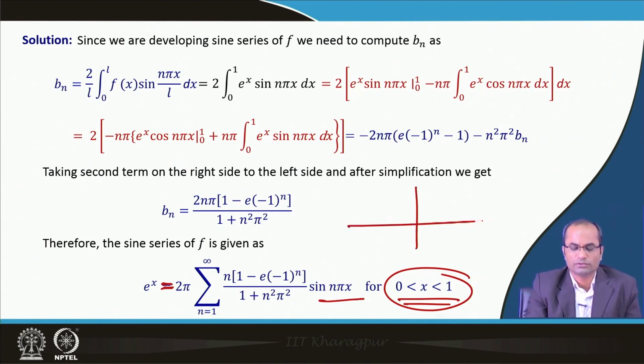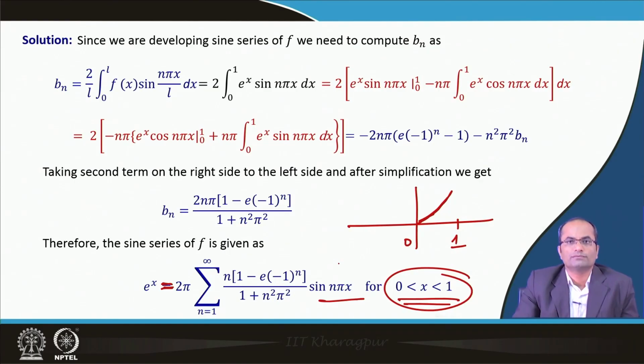Our function was e power x in the region 0 to 1. This function is continuous in this range, and naturally by Dirichlet's theorem, this Fourier series will converge in this region 0 to 1. We will have a problem at 0; we cannot make this equality at 0, because it is an odd extension, and at one end the value is 1, at the other end it is minus 1, and we have to take the average.